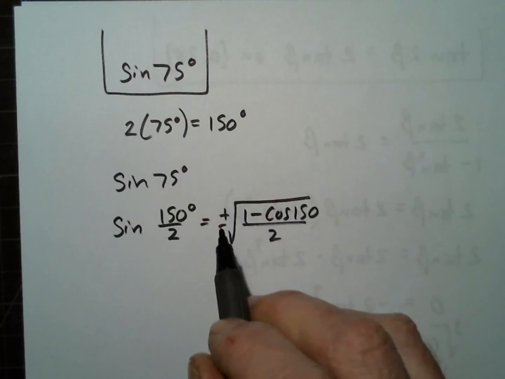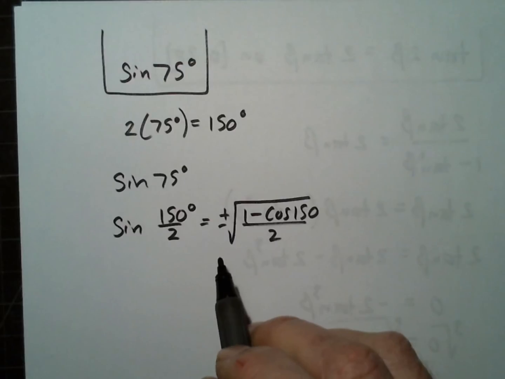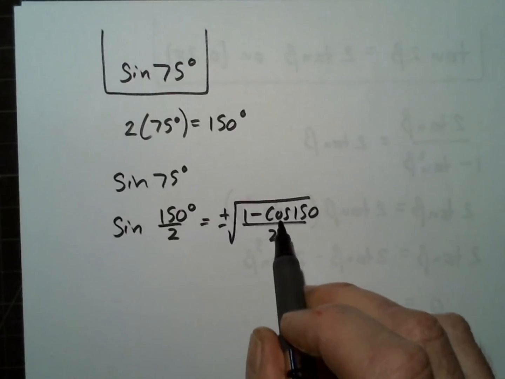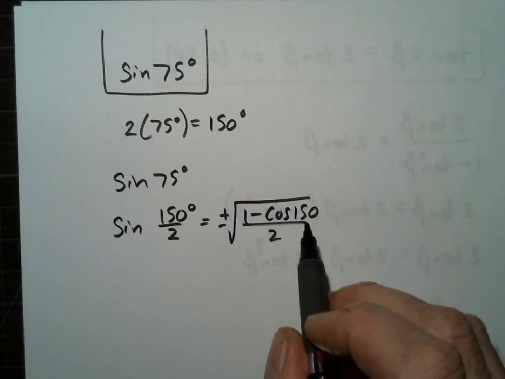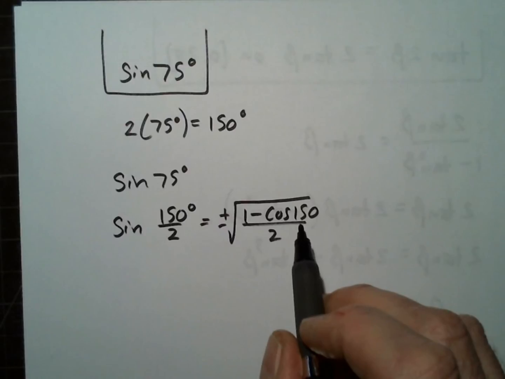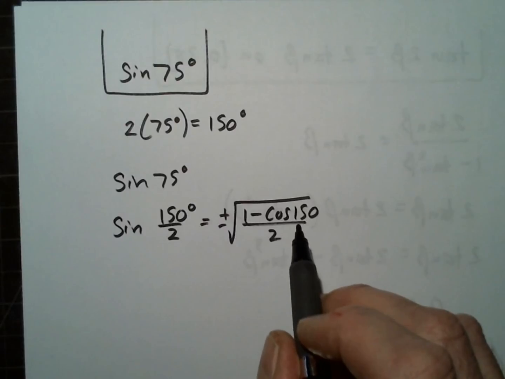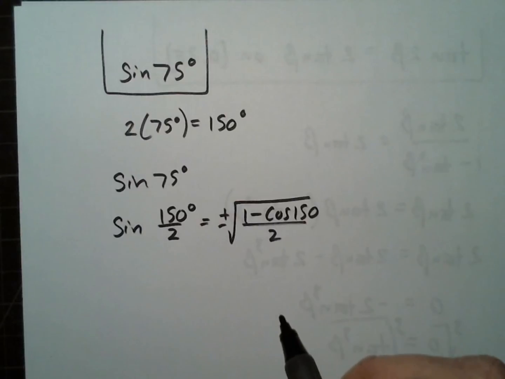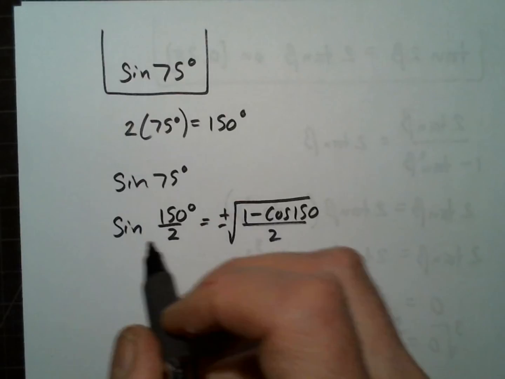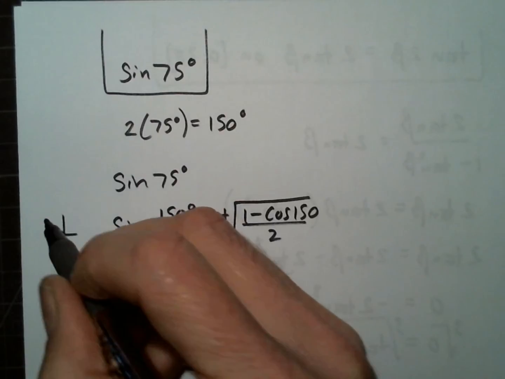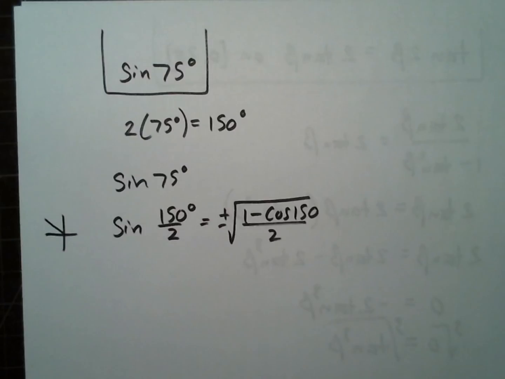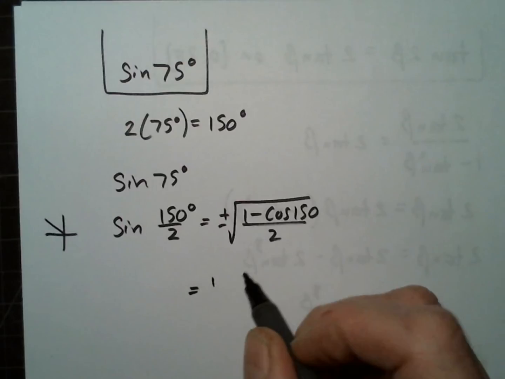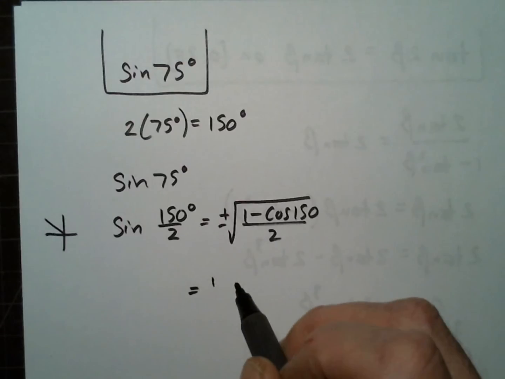All right, it's positive or negative, so we have to find out what quadrant. What's cosine going to be at 150? And so we look at 150, it's over there. We have negative cosine, and that means cosine is going to be negative.